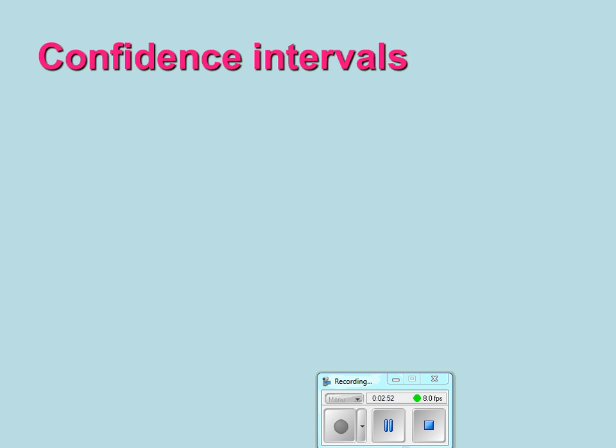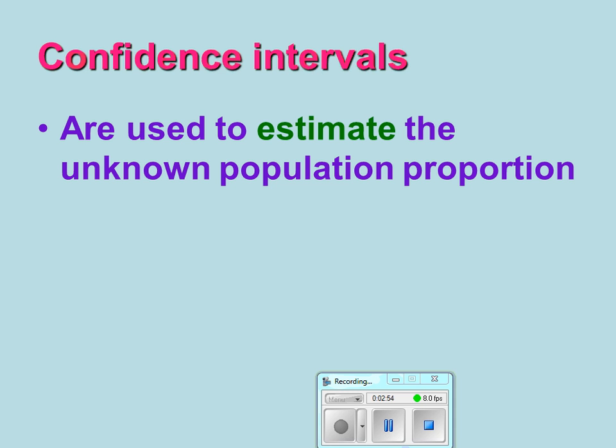So here are our confidence intervals. Confidence intervals are used to estimate the unknown population proportion. We're taking the information we learned in Chapter 18 and using it to estimate unknown population proportions.